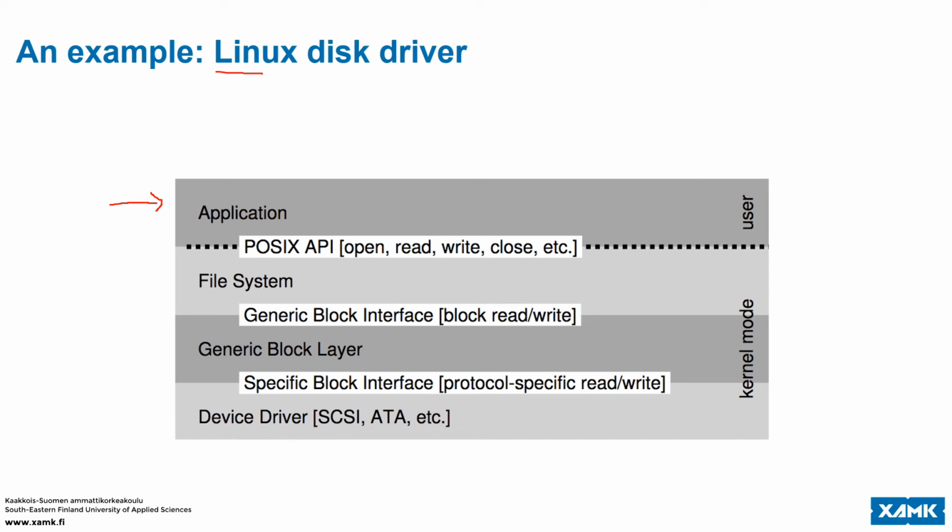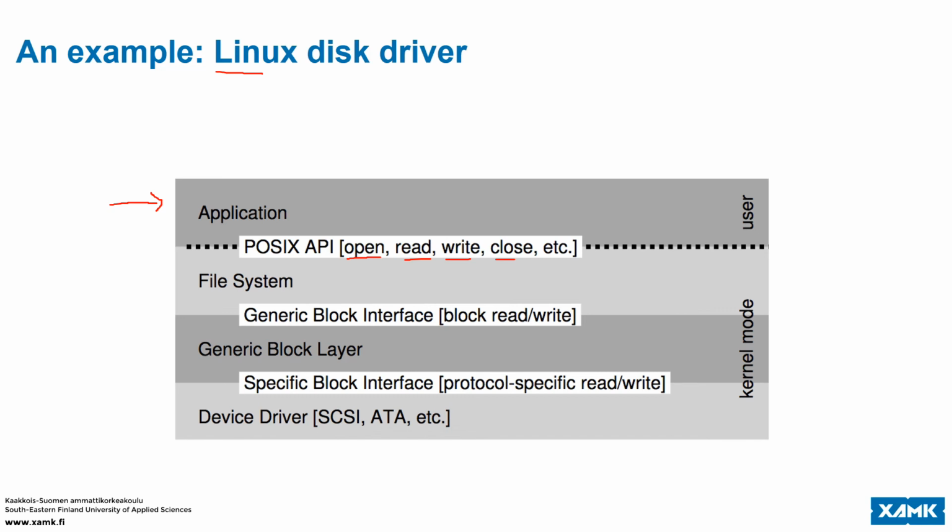The Posix API is a collection of programming libraries that have functions such as open, read, write, close, etc. And when we are writing a program or application for the Linux operating system, we can use these functions to open and close files, to save data and to read data. This is only the top of the iceberg.